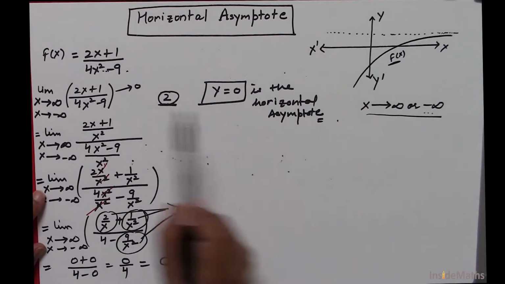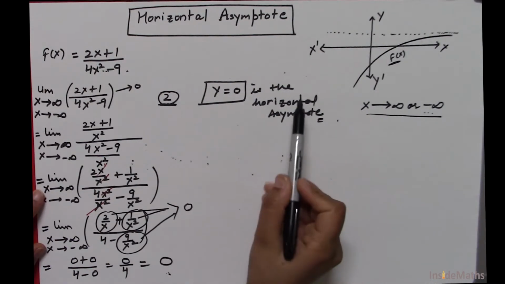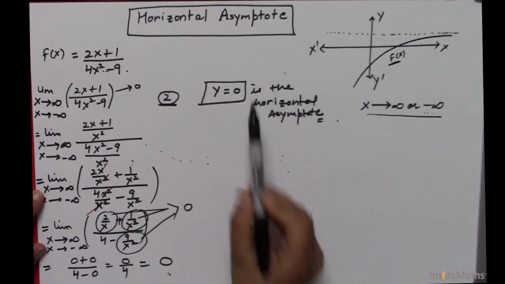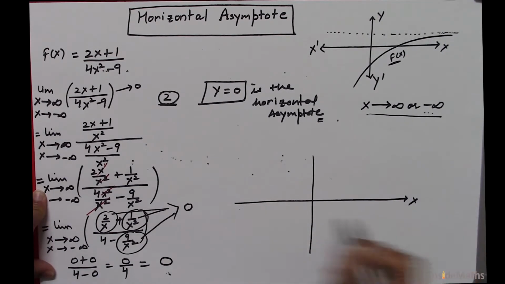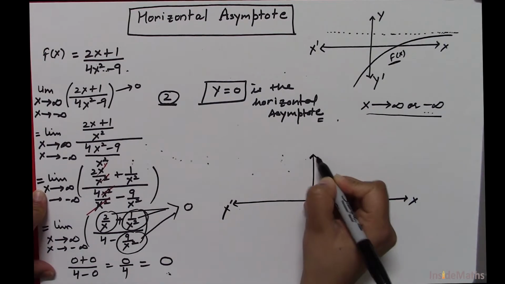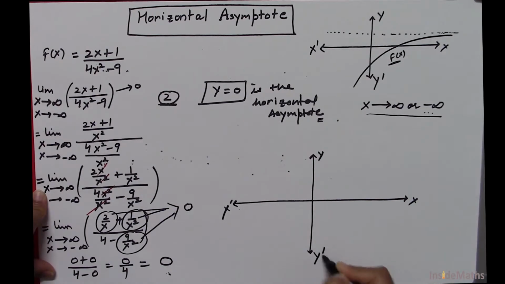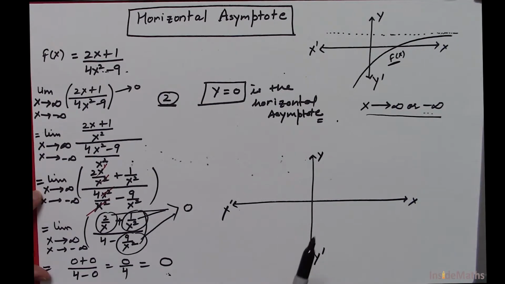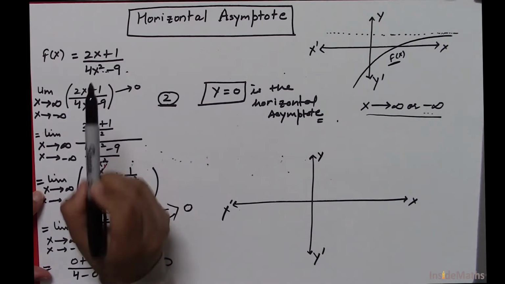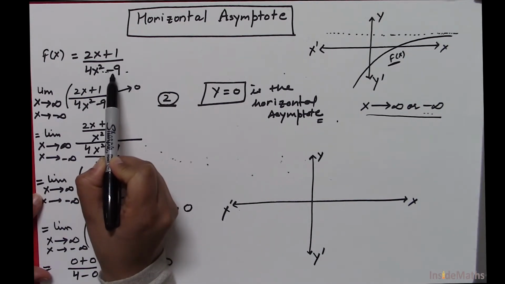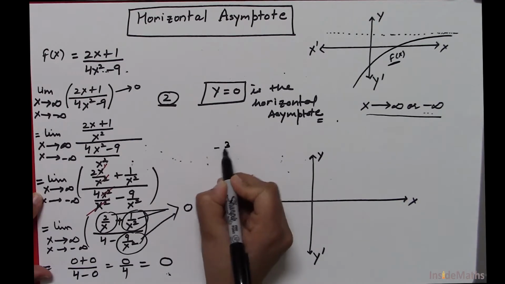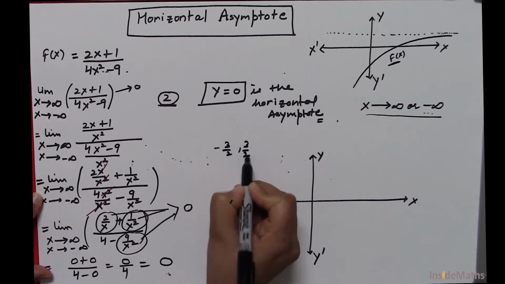Now I'll make the graph of this function and we'll see how this horizontal asymptote looks on the graph. So this is x-axis, y-axis. Now this function is undefined at negative 3 by 2 and positive 3 by 2.